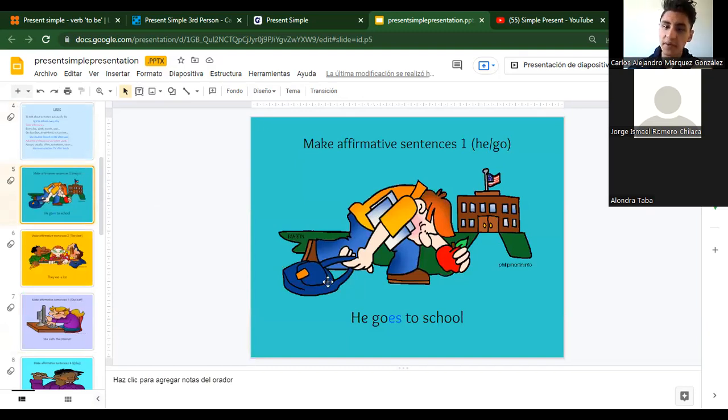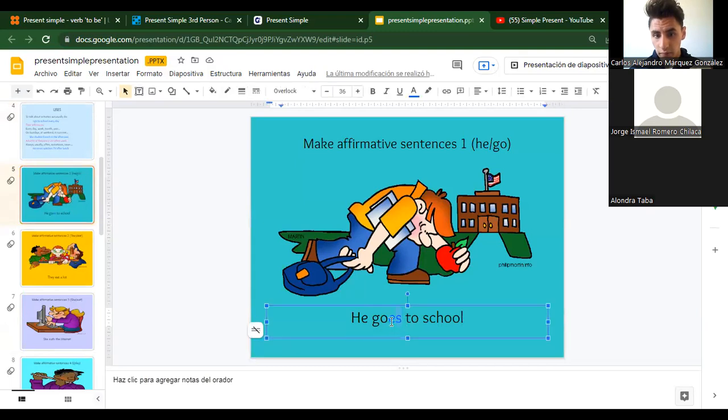Here we have some examples. He goes to school, okay? Remember that we have a rule for this verb, okay? When the verbs finish with a letter O, we add ES, okay?